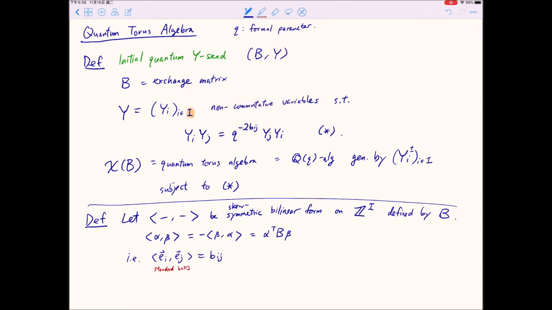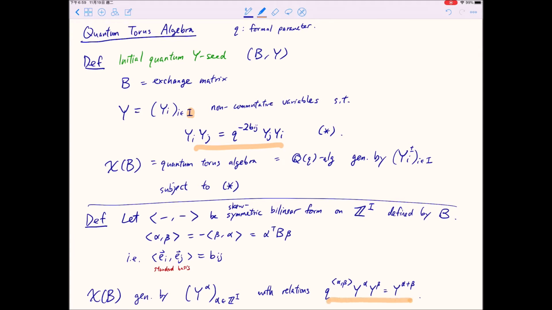If we use this language, then equivalently we can say that the algebra will be generated by all variables of such form labeled by the integer lattice, with relations given by the following equation. It's easy to see that these two definitions are equivalent to each other.